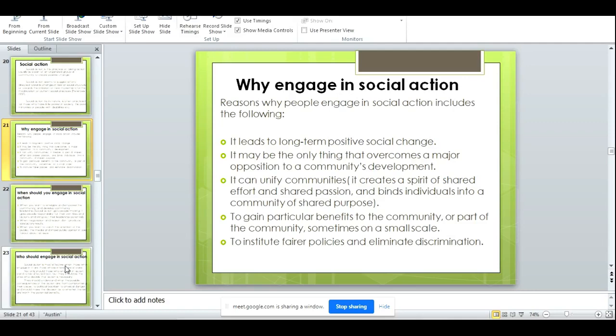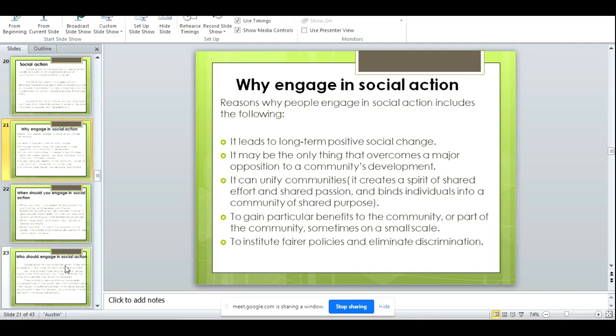So social action can be one of the methods by which we can overcome this opposition, like the protest we saw last year, when the youth were complaining to the government and the government seemed not to listen and the youth had to take action. That's an example of social action.